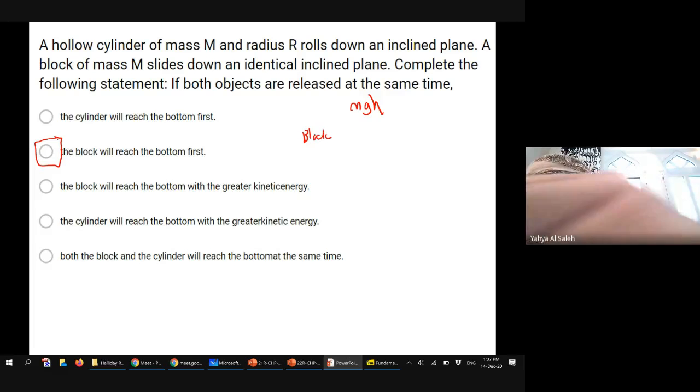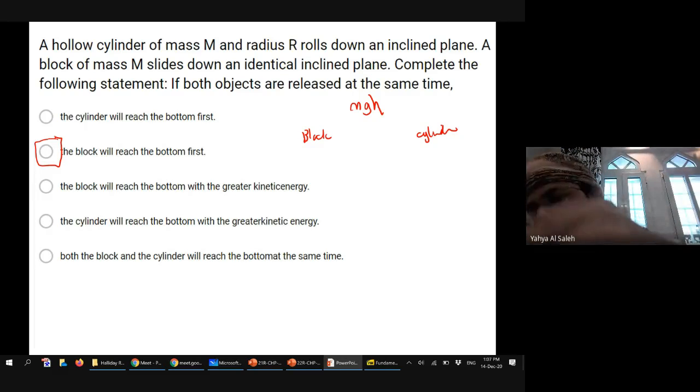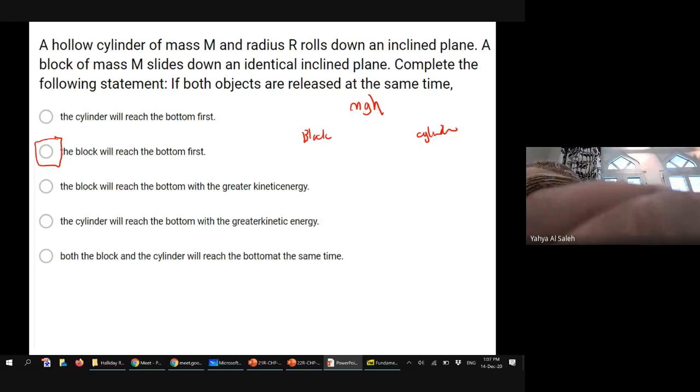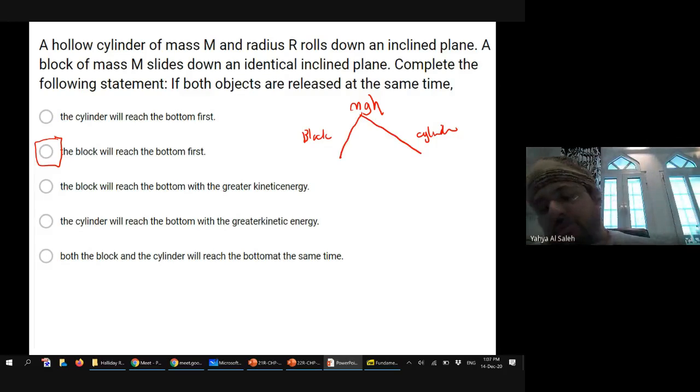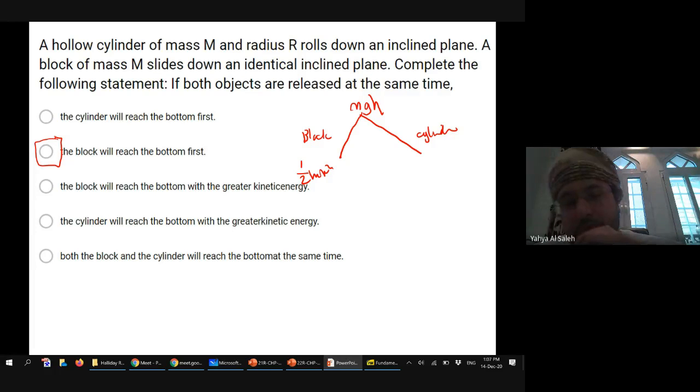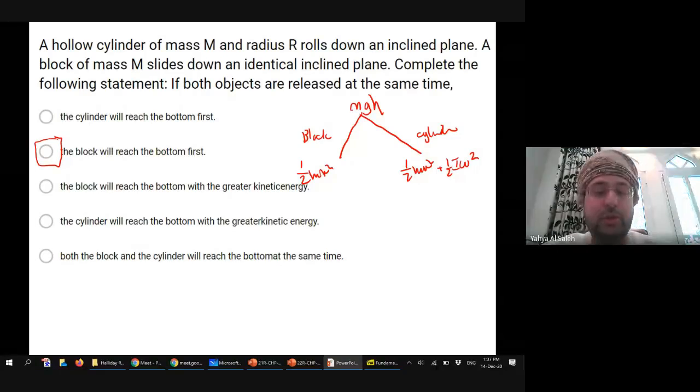You have a block and a cylinder. How will this MGH be distributed? Here, it will all go to half mv squared. Here, it will go to half mv squared plus half I omega squared. But the total energy is still the same, MGH.